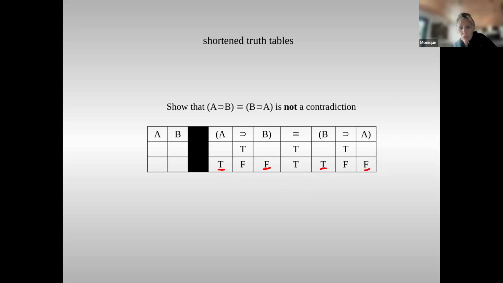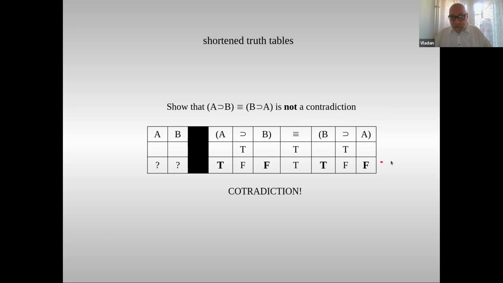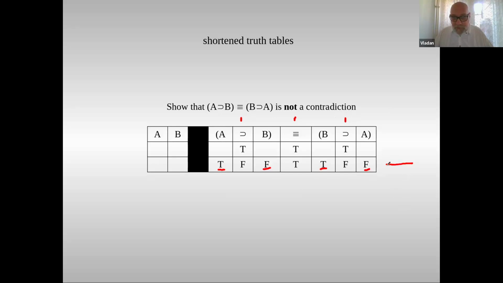I believe it will be clear when I explain this line. This is where we started. We had an assumption about the whole formula. This is the main connective for the whole formula. This assumption had some consequences, and we wrote down those consequences in these columns. Then we chose the bottom one to work on, and we had to see what it means if I put an F here and an F here.